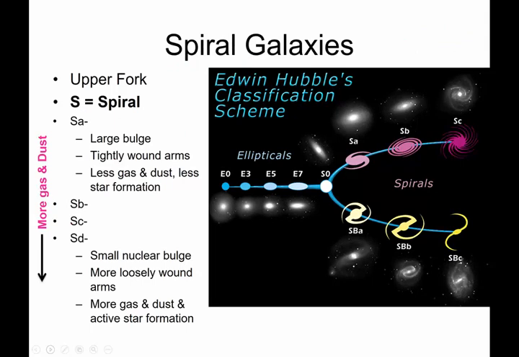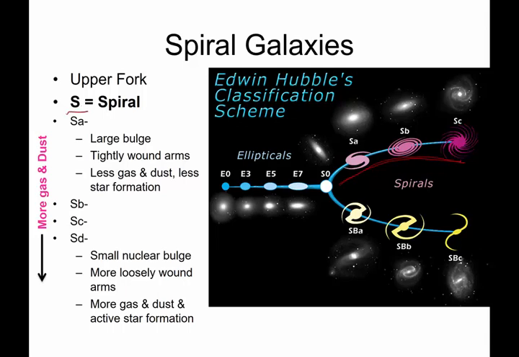So we're going to start with talking about the upper fork of Hubble's tuning fork, and these contain spirals. There are 2 or 3 letter abbreviations for types of galaxies, and the upper fork of the tuning fork contains these spirals.